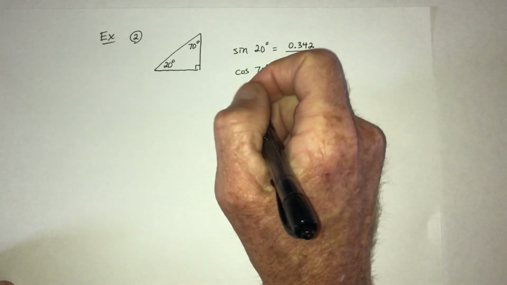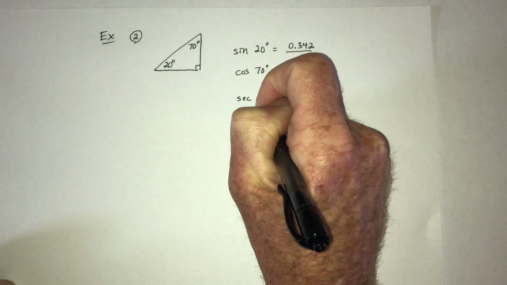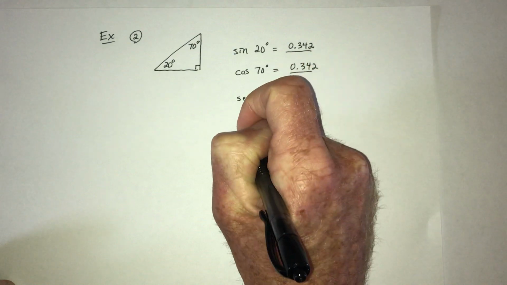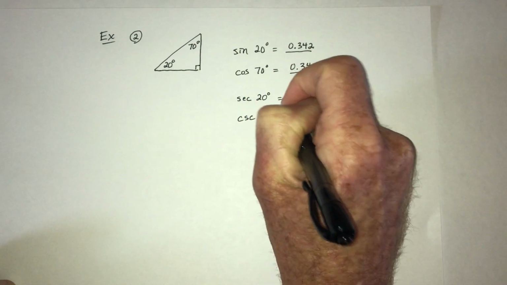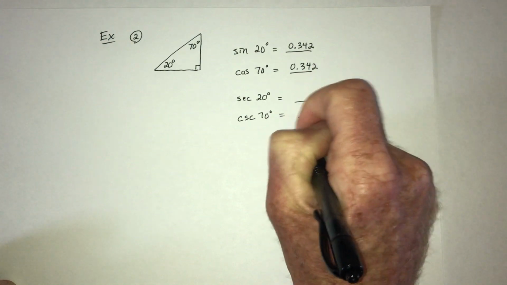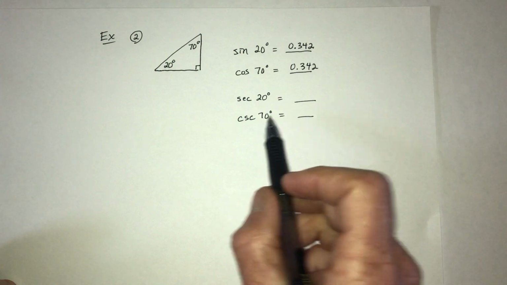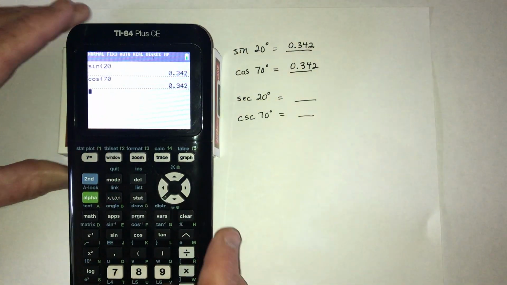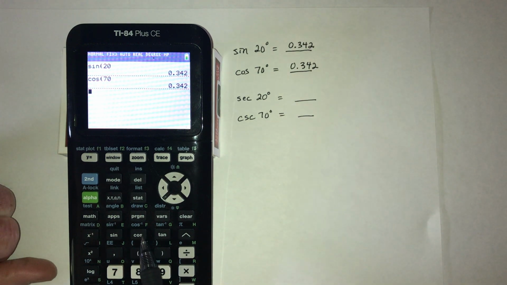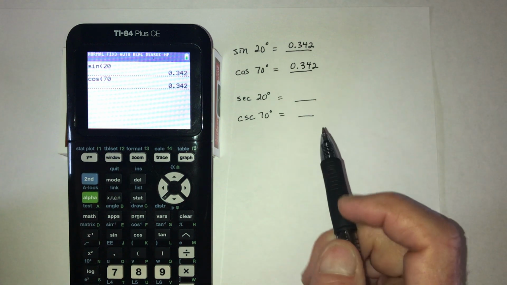So let's try secant of 20 degrees and cosecant of 70 degrees. Now remember, you can't use the same angle. They have to be the complement. So these two angles have to add up to 90, and then we should get the same answer. Well, my calculator doesn't have secant, so instead I have to use 1 over cosine.